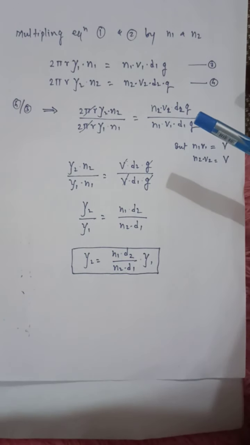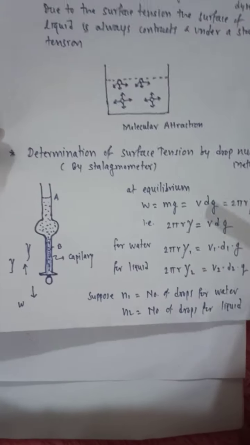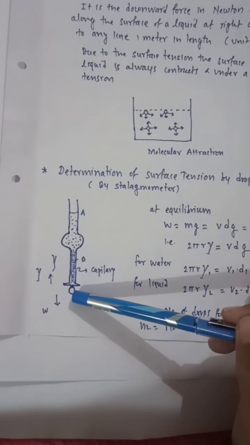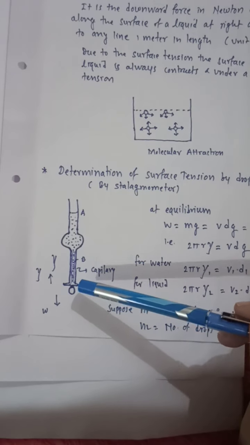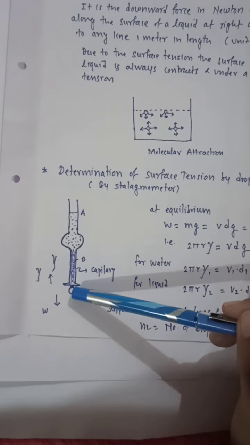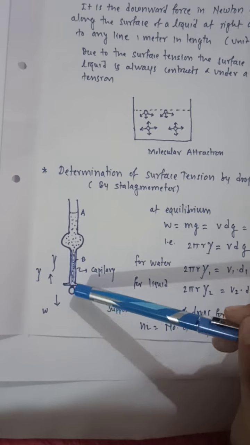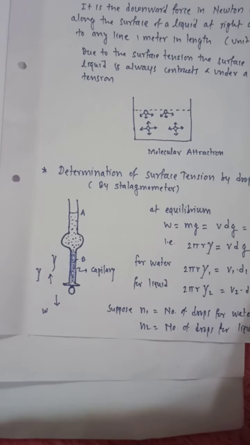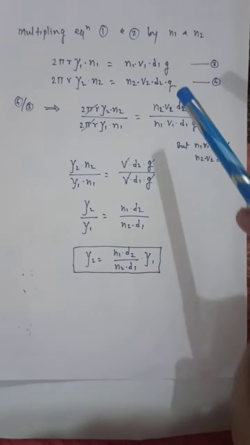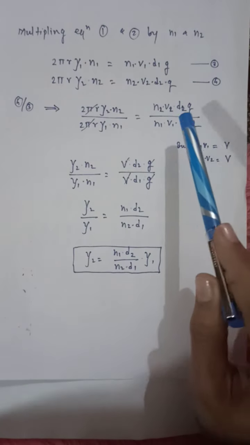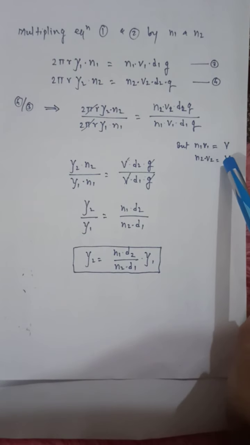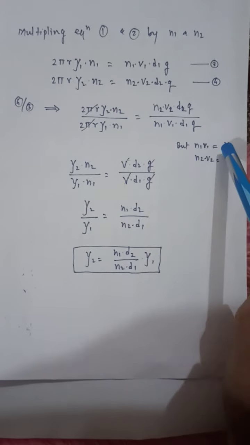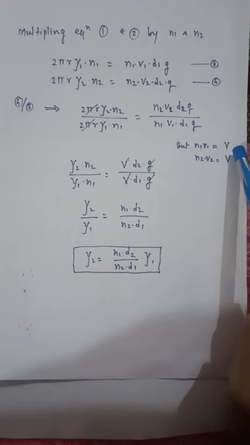That will be V, because V1 is the volume of one drop of water and the number of drops is N1, so N1 into V1 is the complete volume of the water. Similarly, N2 into V2 will also be V, because we have taken the same volume. So you can replace N1 V1 and N2 V2 by V.